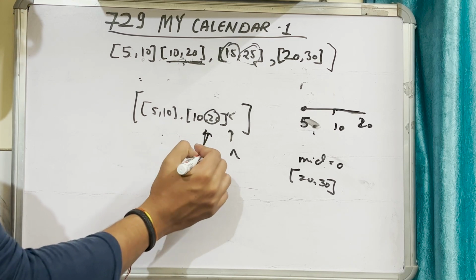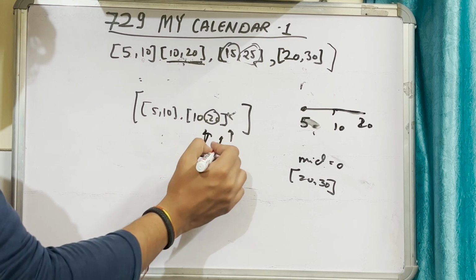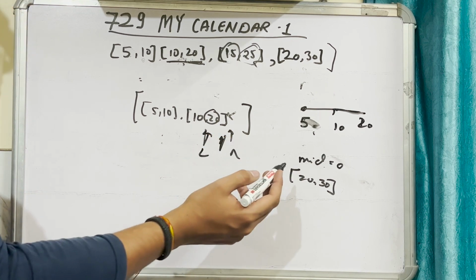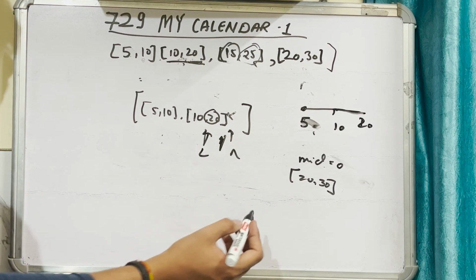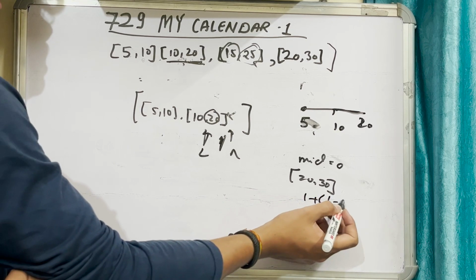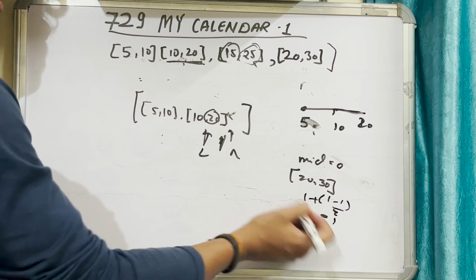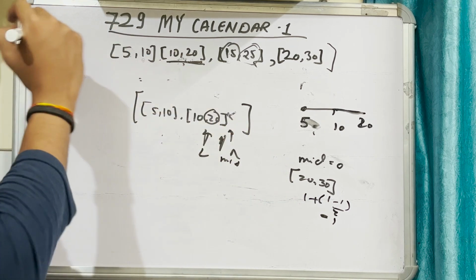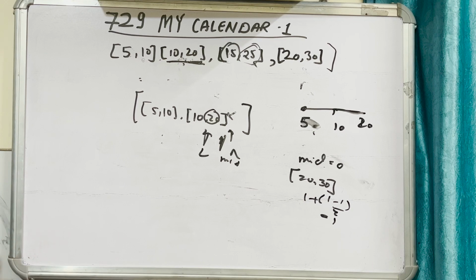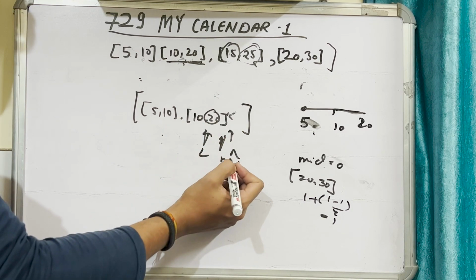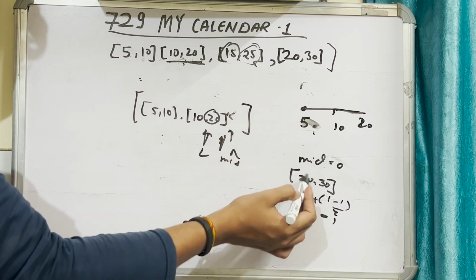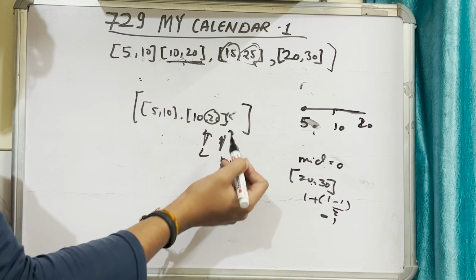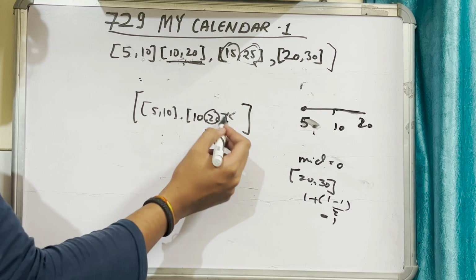So you'll simply move left equals to mid plus 1, as I said. Okay. Then again you'll find mid. Mid will be here because (1 plus 1 minus 1) by 2, which will be equals to 1. So mid will be here. Simply what you'll do, you will just check if the interval is greater or less than, or you can say if it is coinciding.